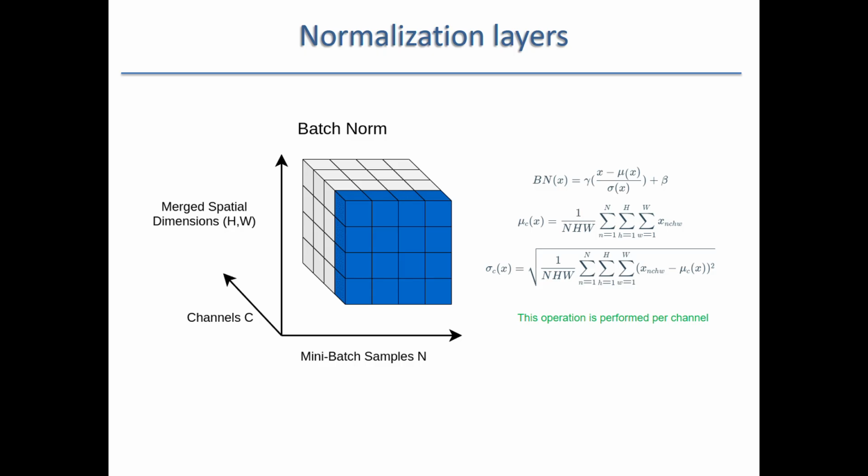There are multiple ways of doing this normalization. One of the most common is batch normalization. If we represent the input data, here we have the different samples of the mini batch. So in the mini batch we have n samples.